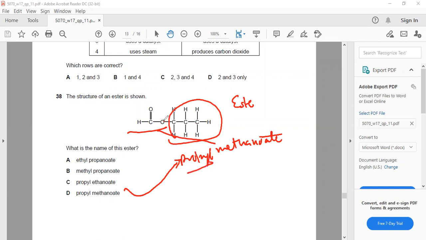This alkyl group is bonded with the oxygen with the help of single covalent bond and is named as alkyl. So propyl methanoate. So D is the answer.